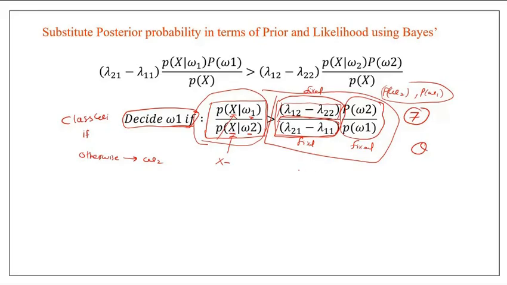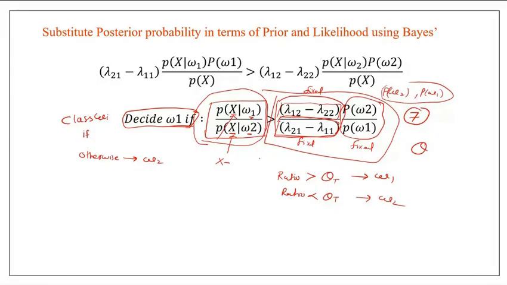Now if I say that this ratio is greater than or equal to a certain threshold theta t, then go in favor of omega 1 in this case. If the ratio is less than theta t, go for omega 2. So it becomes very simple for a given problem.